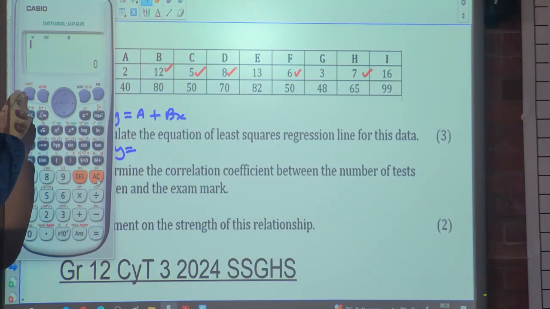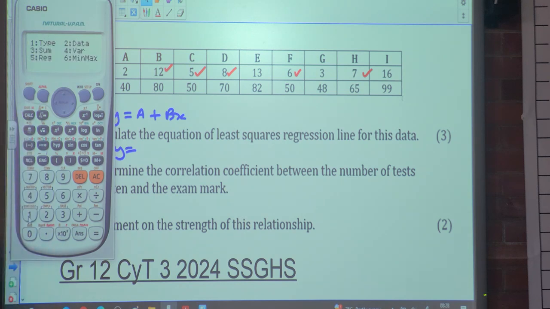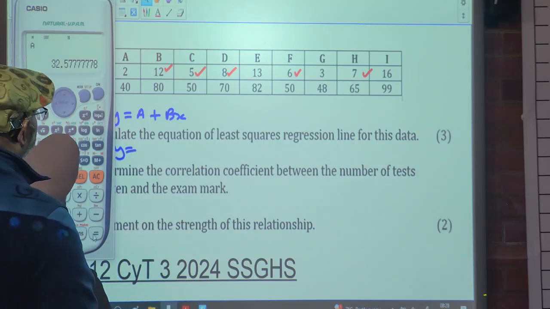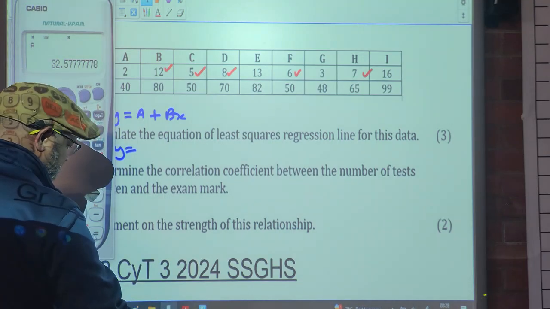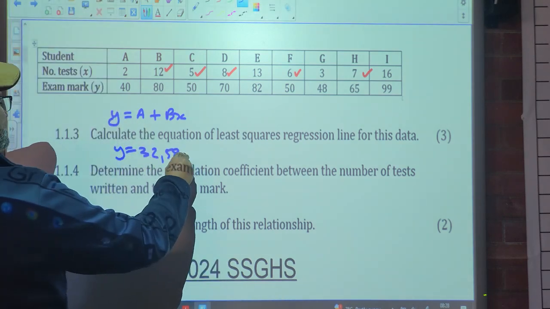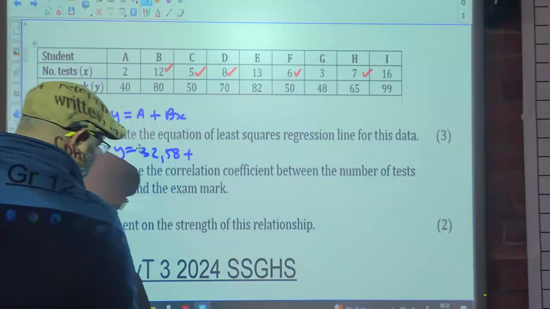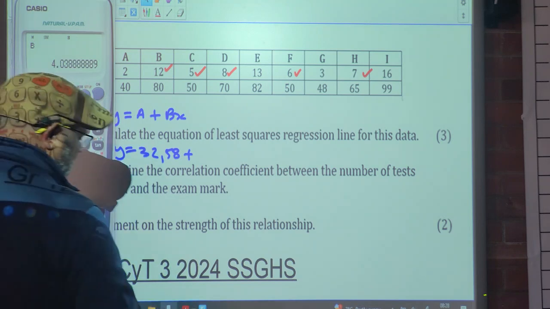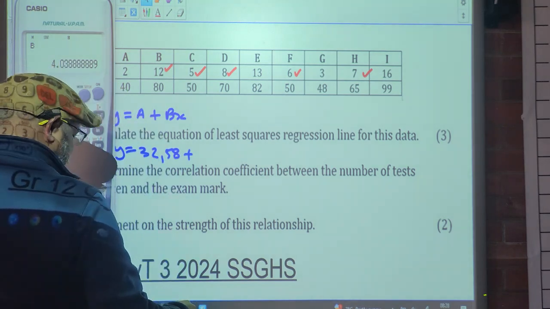Okay, press AC, shift 9, 5 for regression, 1 for A. So 32,58. Is that correct? Yes. 32,58. Your B value, shift, stat, 5, 2 for B, you get 4,04.